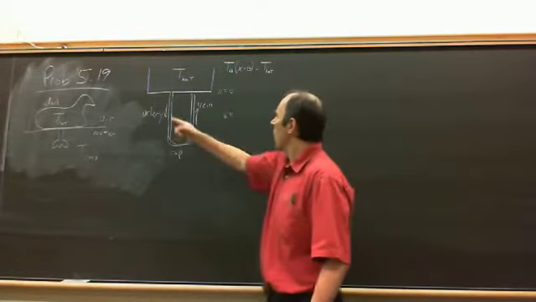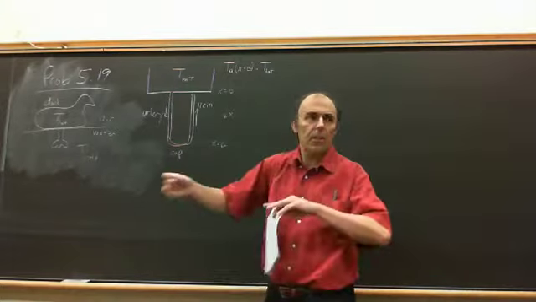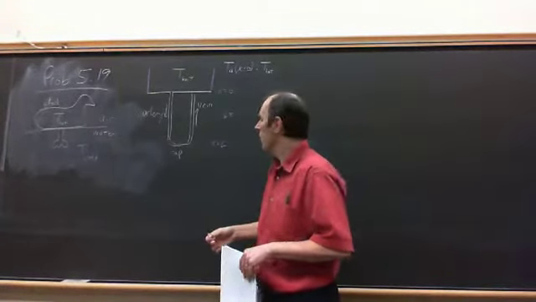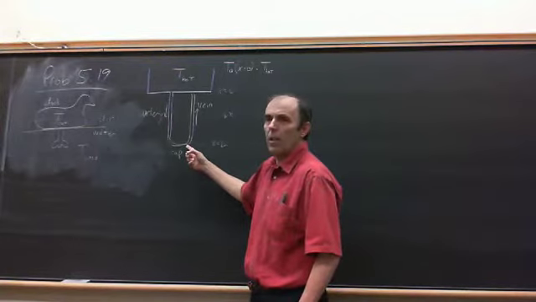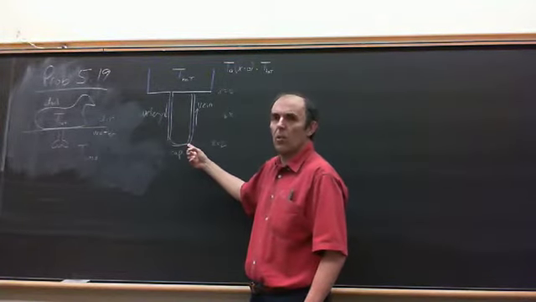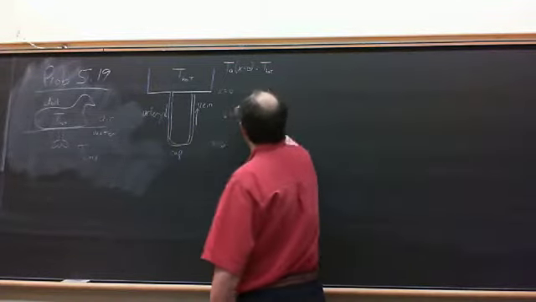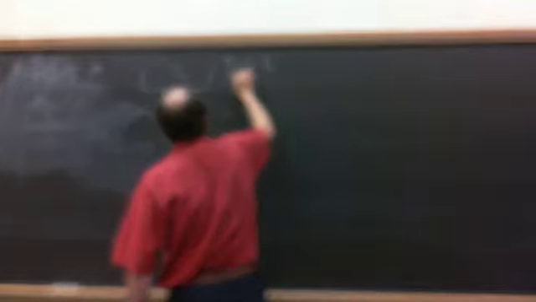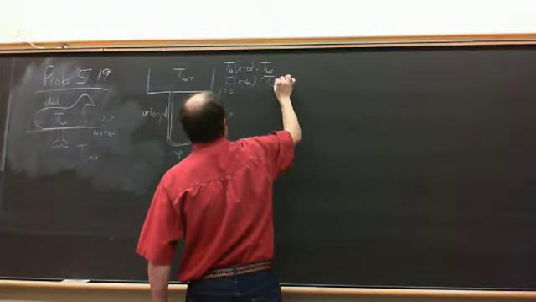So the arterial blood comes down, and as it goes to the capillary, it's very easy to exchange heat in the capillaries. So by the time it gets to the end of the vein here, we're going to assume that it has cooled off down to the temperature of the surrounding water. So the temperature of the vein at X equals L is going to be T cold.